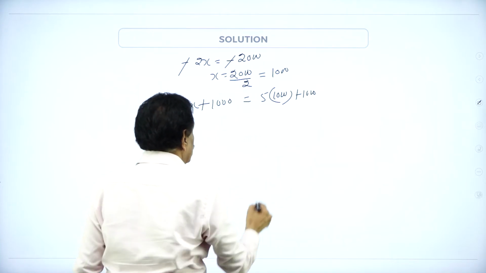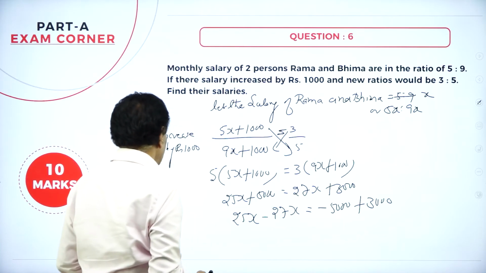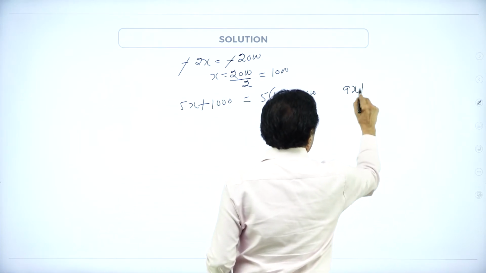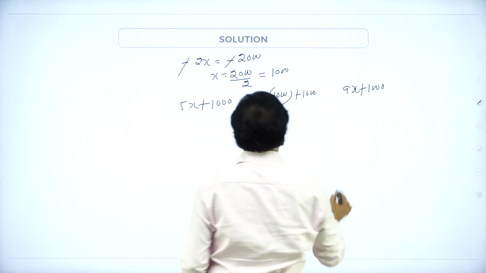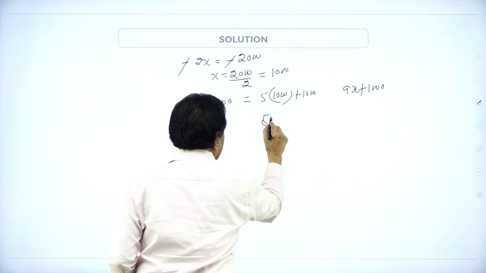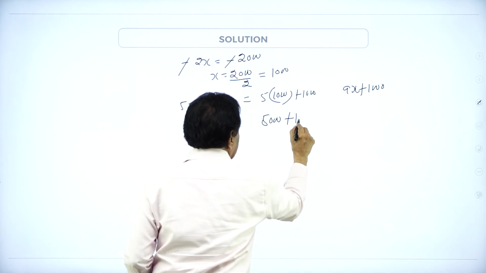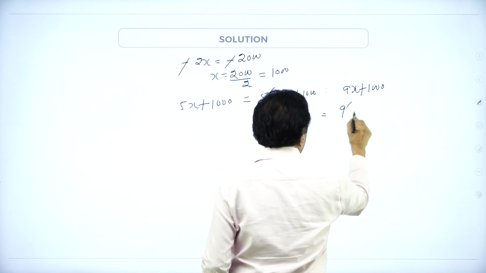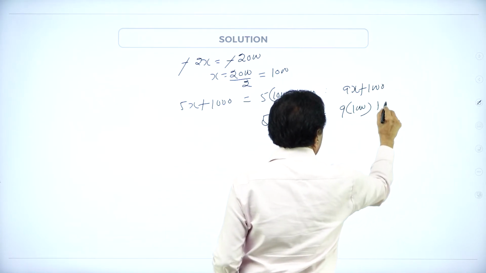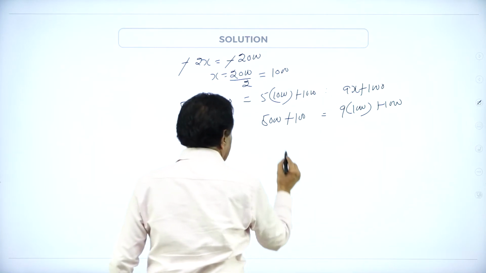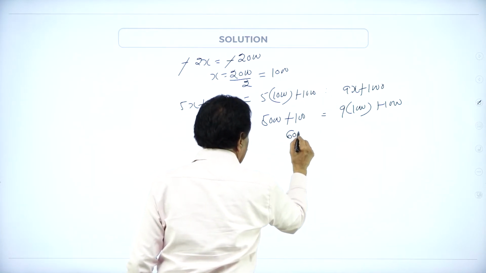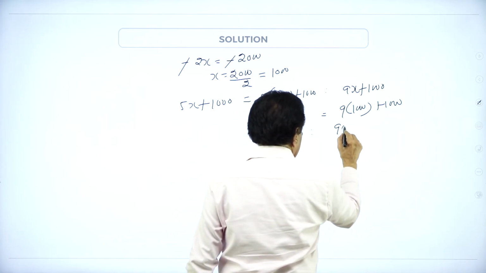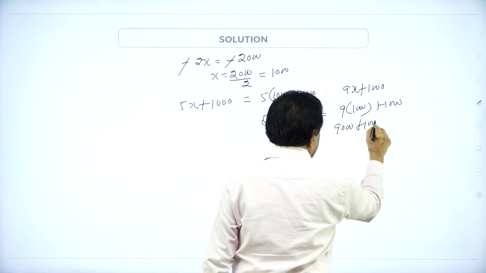So 5000 plus 1000 is 6000. Then the second one, 9x plus 1000. 9 into 1000 is 9000, plus 1000.